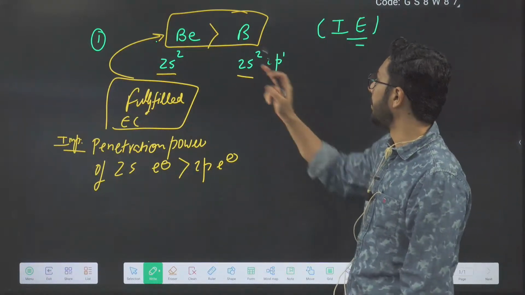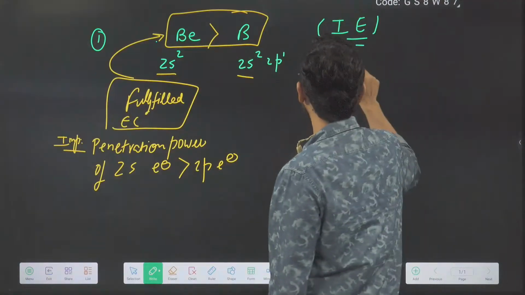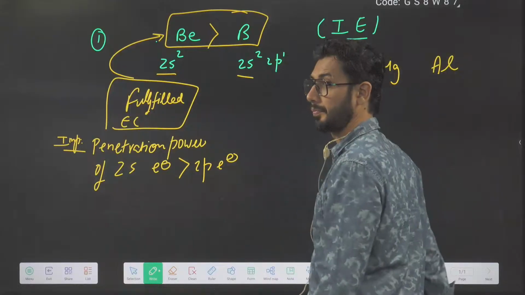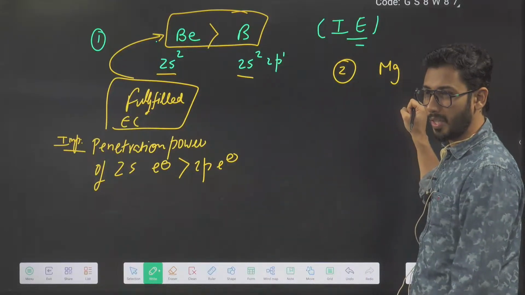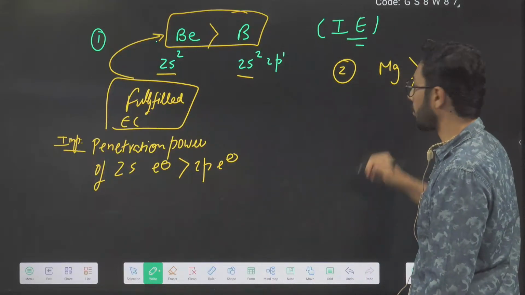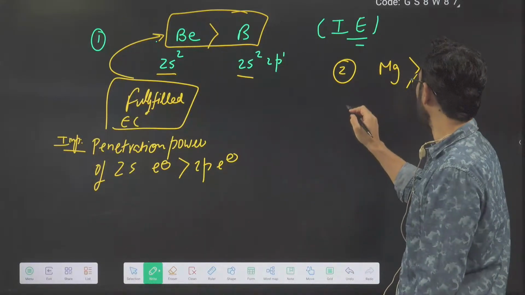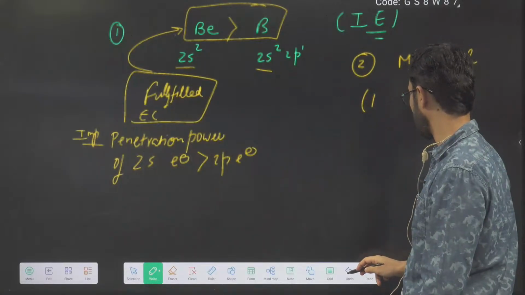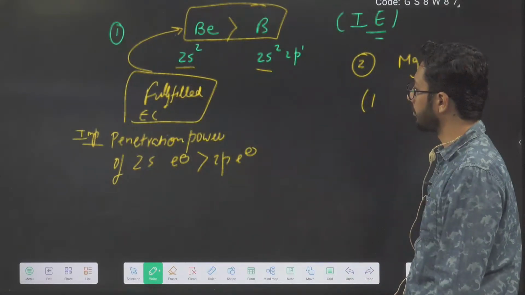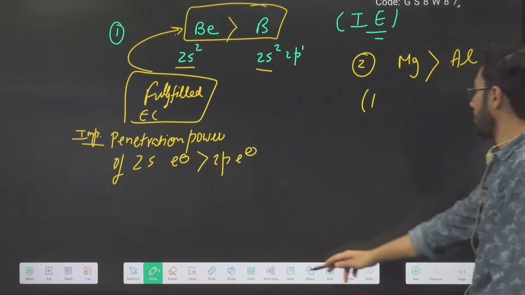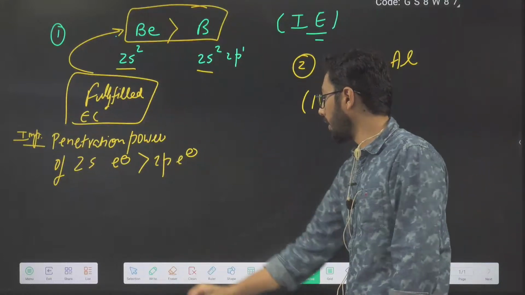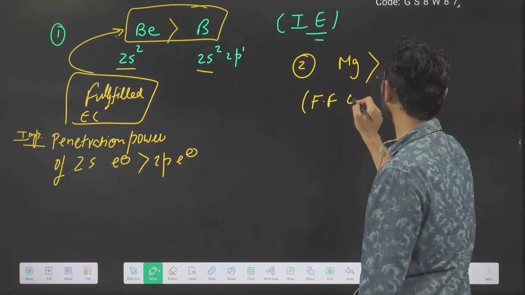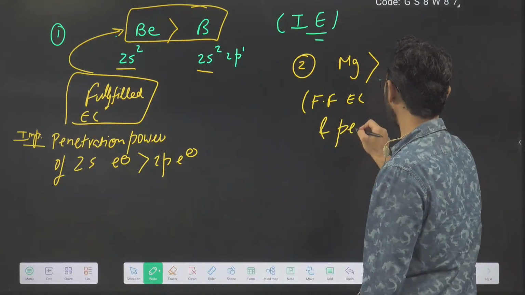Beryllium and boron. Similar example, magnesium and aluminium. Left to right it should increase, but Mg is more as compared to this one. Same reason: fully filled configuration, and the important reason, penetration power.